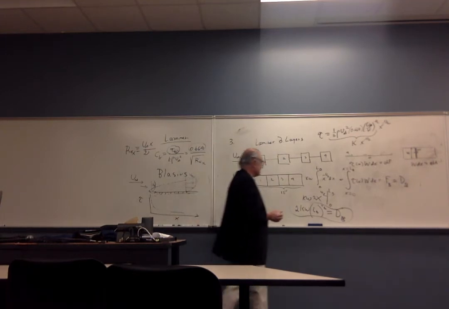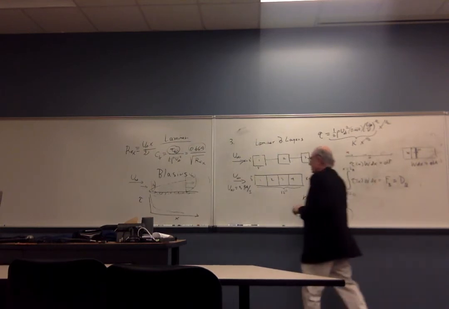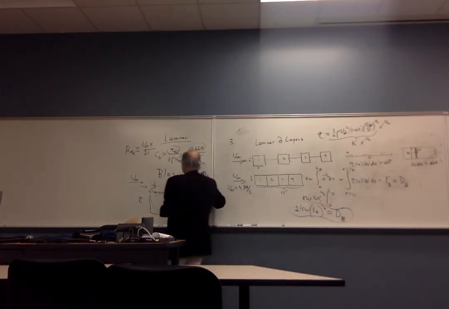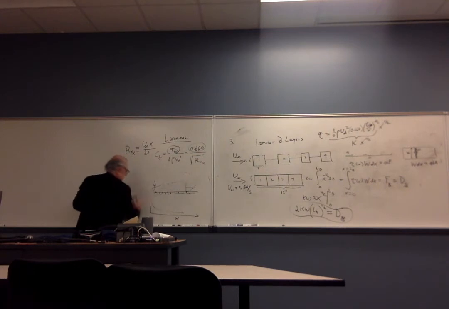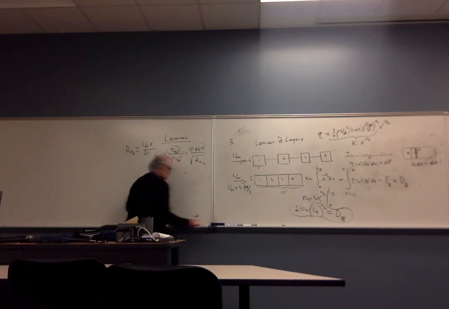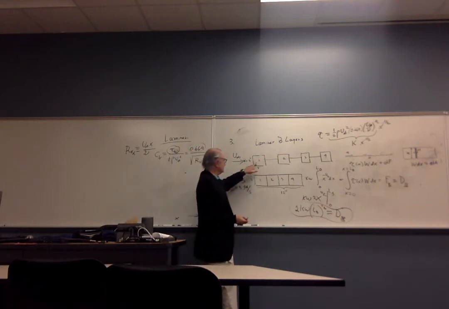So in case A, what is the drag going to be? Do we follow the same procedure? We multiply by 4. Since we're saying that they're independent, we can calculate the drag on one and just multiply by 4.